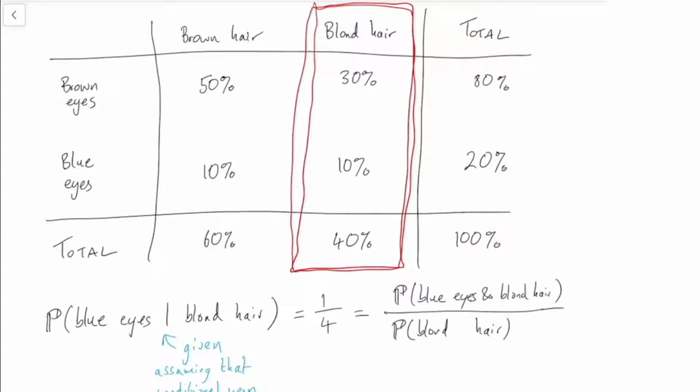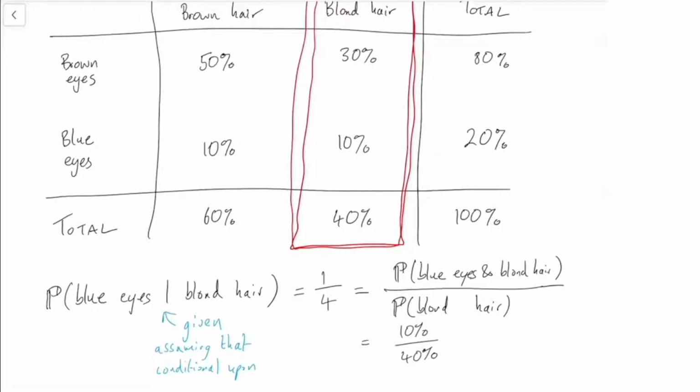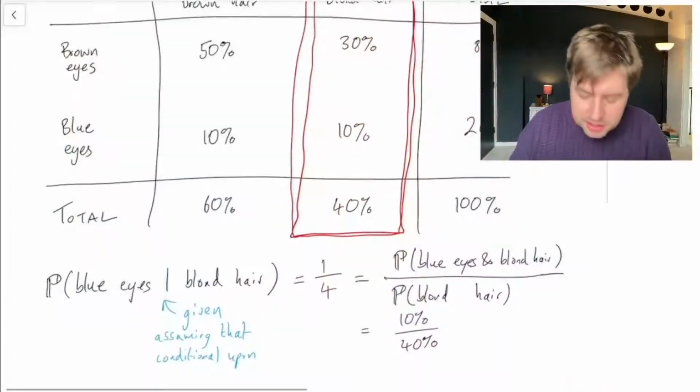In this case, this was 10% divided by 40% to get 1/4. And this probability of given or assuming that or conditional upon is something we call conditional probability. It allows us to talk about the conditional probability of one event given another event. Like, what's the probability of the event happening given that we know some other event happens, or assuming that some other event happens? So let's see the formal definition of that.